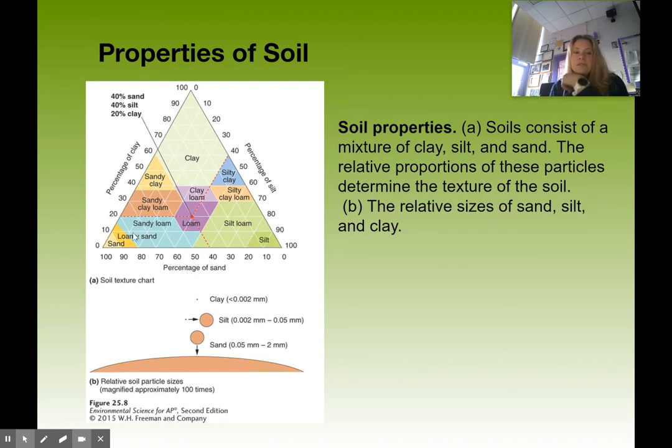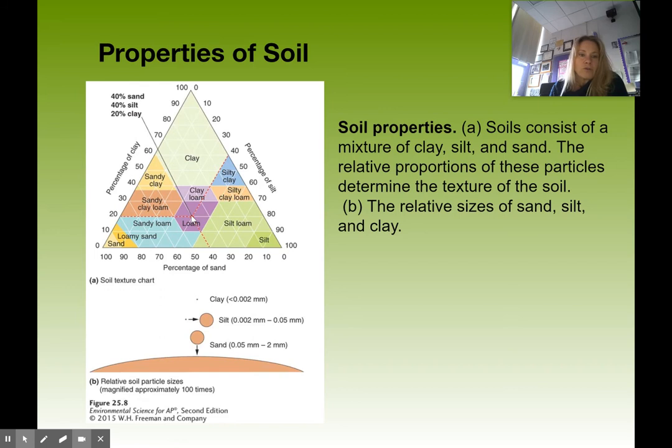So 90% would be silt, 90% silt, 80%, 70, 60, and so on. And then the clay is read sideways. So the clay would be read 90, 80, 70, 60. And then sand is read this direction. So this is 10, 20, 30. And they all should equal 100%. So you can't have more than 100%.